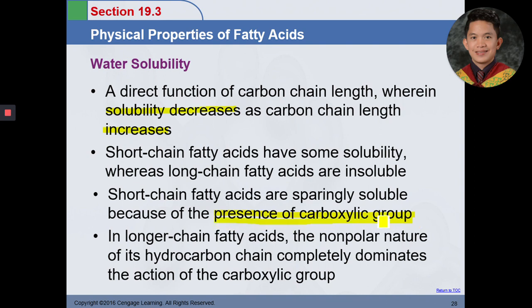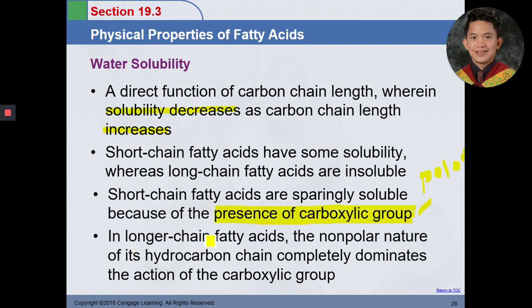So if you can recall earlier, I have told you fatty acids have a carboxyl group, right? The carboxyl end. Now, this carboxyl group is polar, okay? Because of this polar group, short chain fatty acids have slight solubility in water.